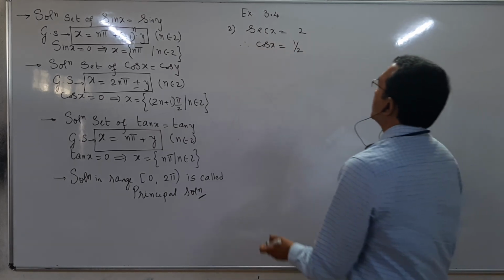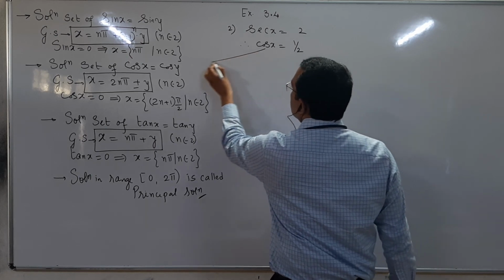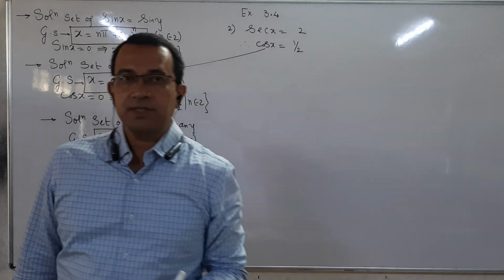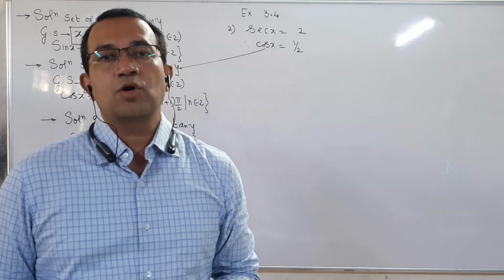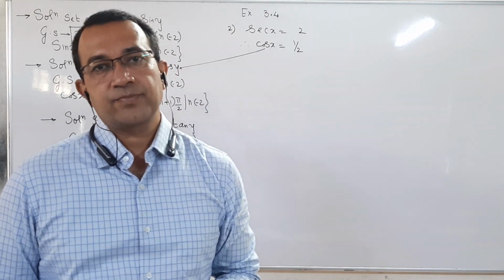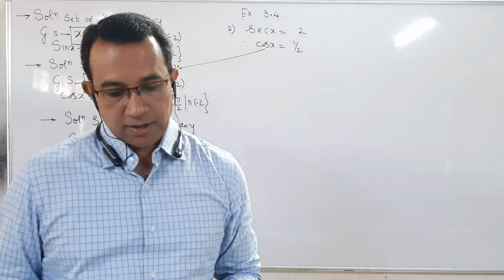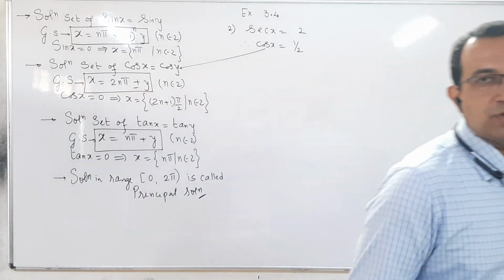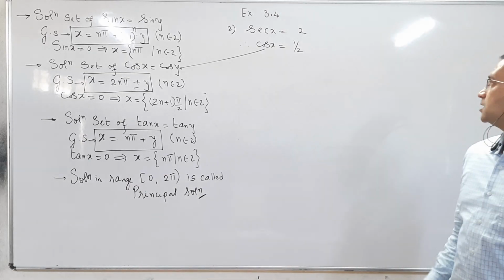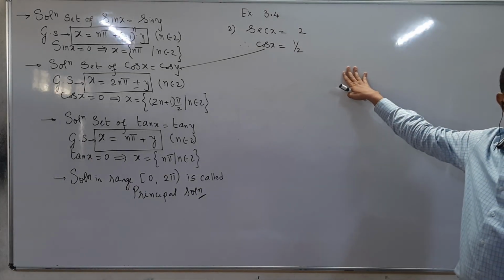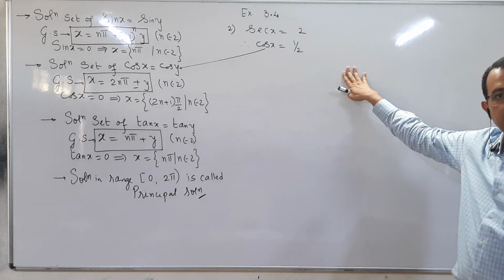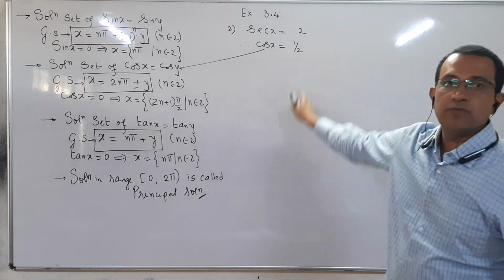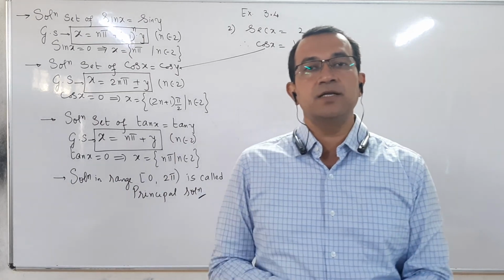Now I have to convert this equation in the form cos x is equal to cos y. In cos, when your right hand side number is positive, we write an acute angle, and when the right hand side number is negative, we have to write an obtuse angle.